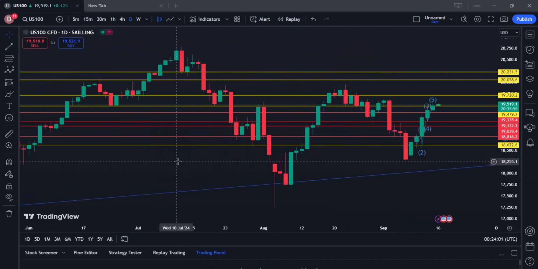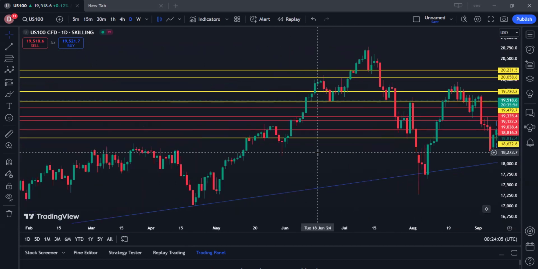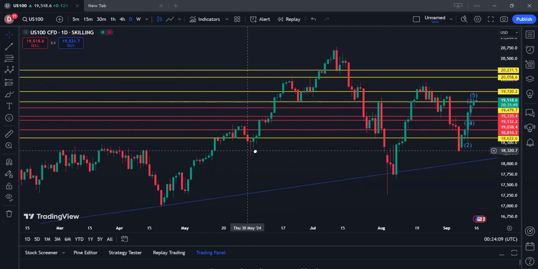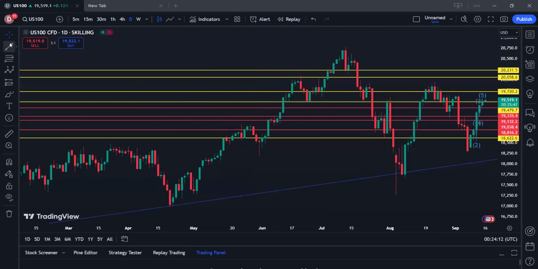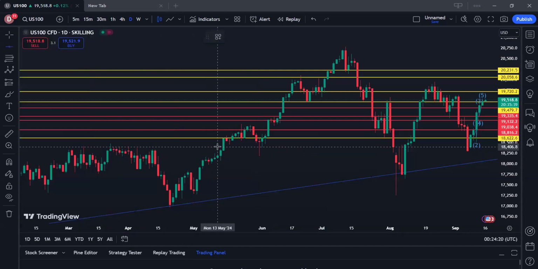And if we actually do highlight here, there is a specific zone within this area, which on the daily we will indicate here and place in our daily resistance and support line.